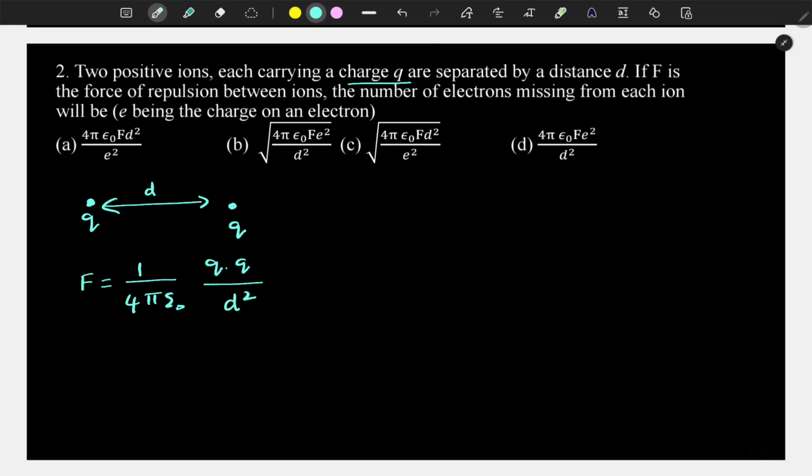So what we have to find here is the n value. We know that from quantization of charges, we have q is equal to n into e. Therefore F is equal to 1 over 4 pi epsilon naught. Instead of writing it every time, I will write it as some constant k.